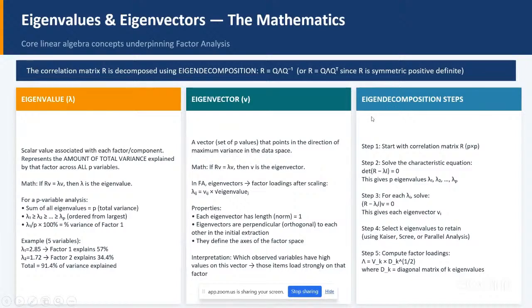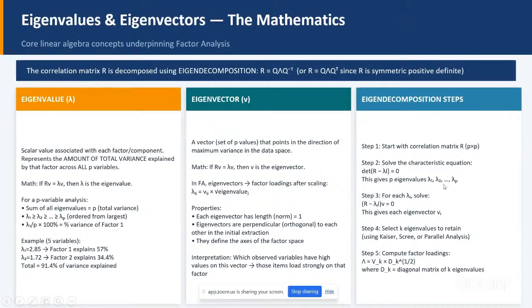Okay, so what is the decomposition? We have the eigenvectors and the eigenvalues, so what is the use of them? First we start with the correlation matrix, R. Solve the characteristic equation, that is, the determinant of R minus lambda times the identity matrix, equal to 0.